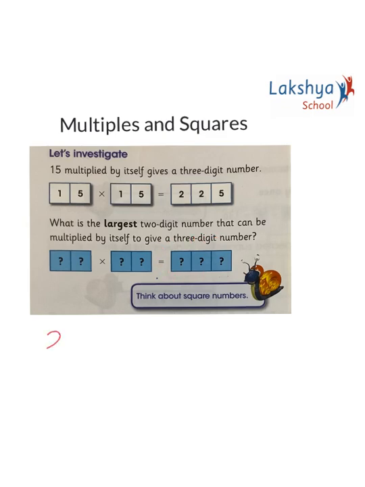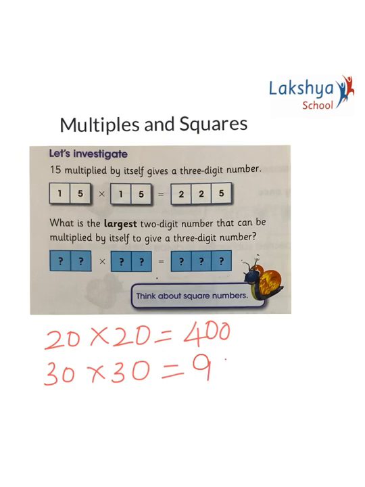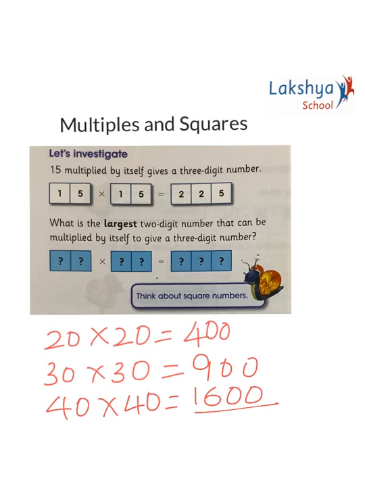Now we know that 20 and 20 multiplied together gives us 400, which is a 3-digit number. 30 and 30 multiplied together gives me 900. 40 and 40 multiplied together gives me 1600, which becomes a 4-digit number. So the number would be between 30 and 40.